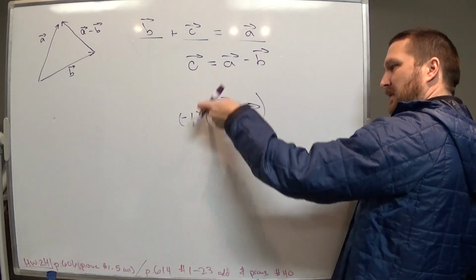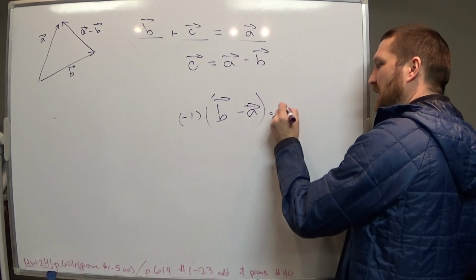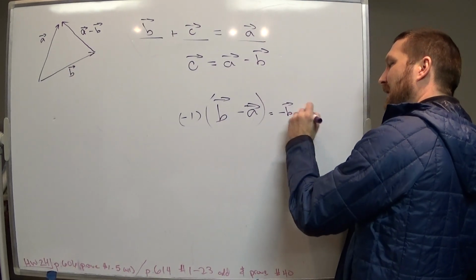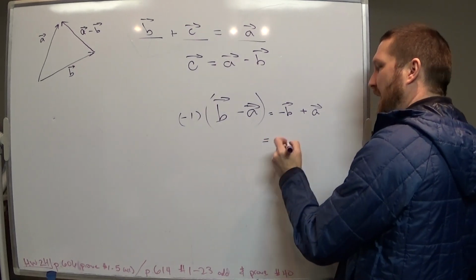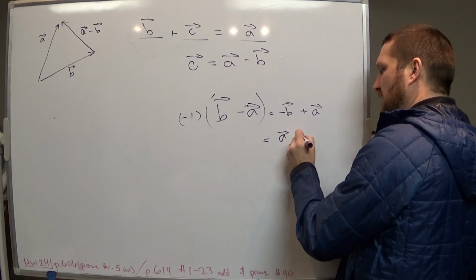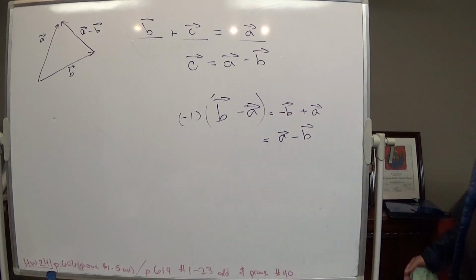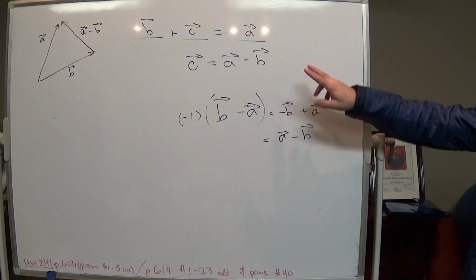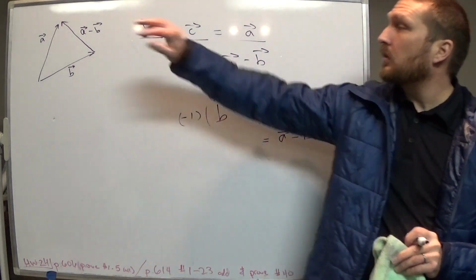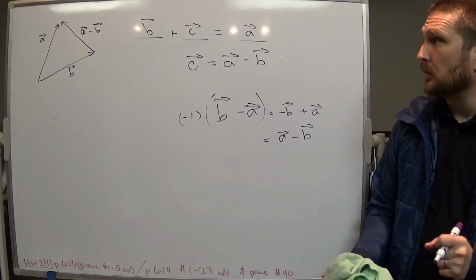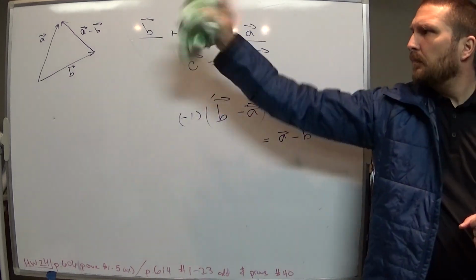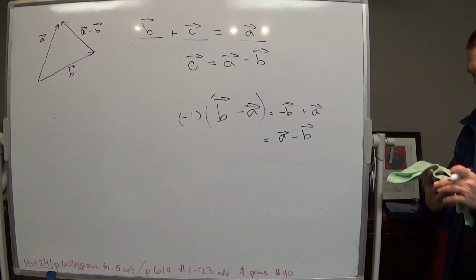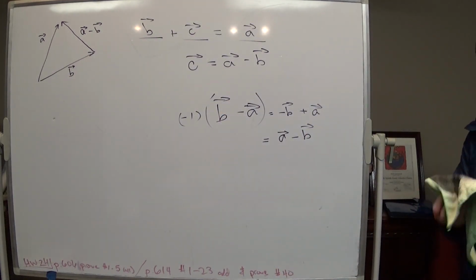Well, now we prove that this distributes over, and so you get negative B plus A, and we prove that vectors can be added in opposite orders, and so, hey, what do you know. You take that vector, multiply it by -1, and it does indeed flip the orientation. That's cool. Are those two vectors, A minus B and our original B minus A, the same length? Yeah. It did not change, did it?